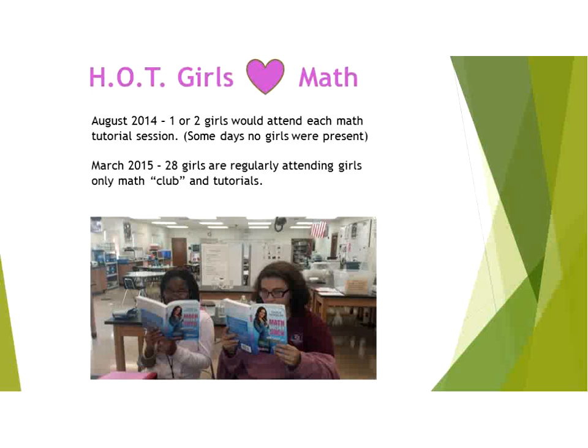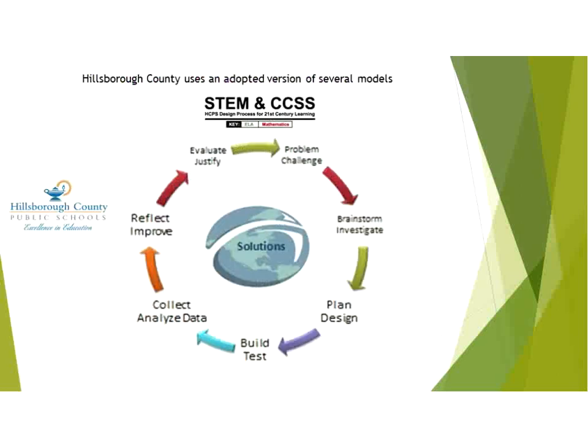We haven't gotten the test scores back, but I'm going to strongly guess that they've gone up. I know the teachers' little tests they do in the classrooms, they said the girls were definitely improving in math.